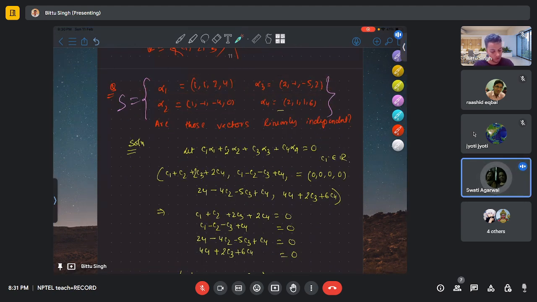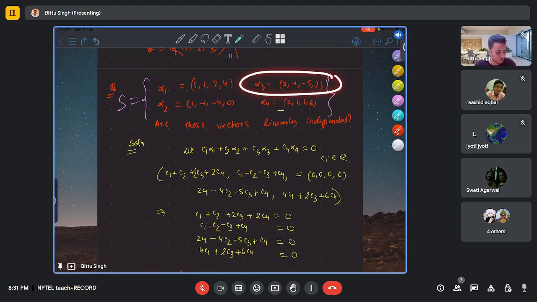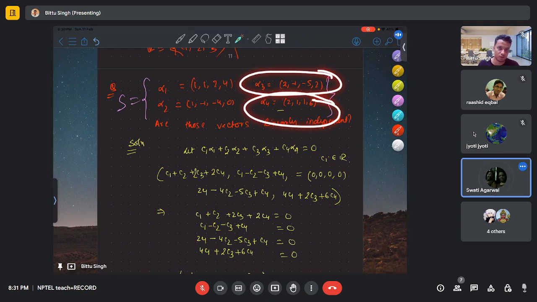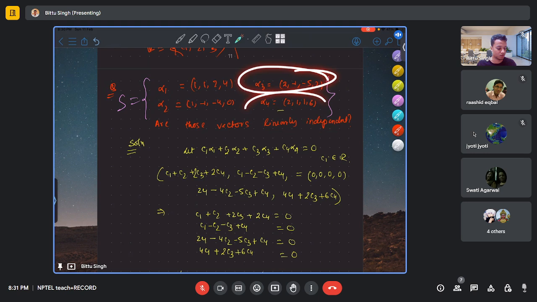When we were reducing the matrices, we found that out of these 4 vectors, only 2 are independent. Yes, alpha 3 and alpha 4 are independent, because those correspond to the pivots. So you can write alpha 1, alpha 2 as linear combinations of alpha 3 and alpha 4.